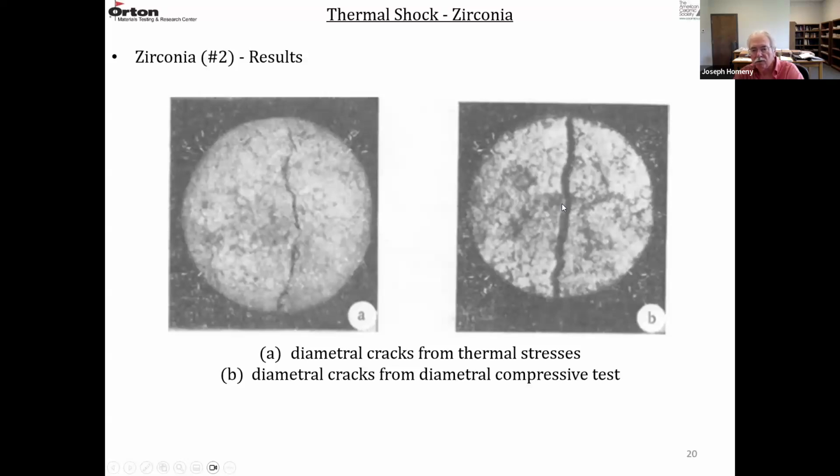It creates a tensile stress in the perpendicular direction. So the tensile stresses are perpendicular to this crack, and it's a diametral compressive test that produces this type of tensile failure, which is exactly what the thermal stress is doing. So this is how the tensile stress was measured in diametral compression.